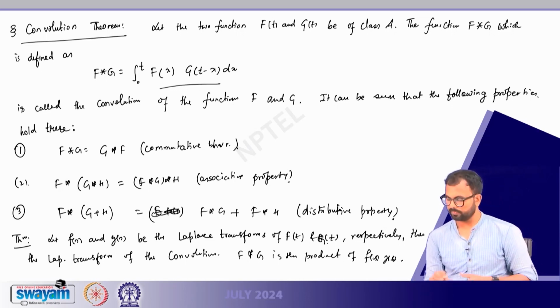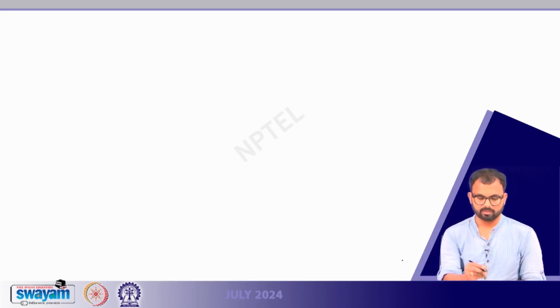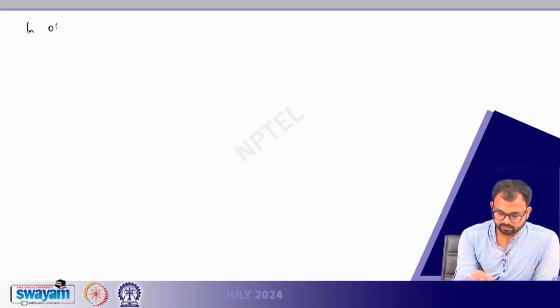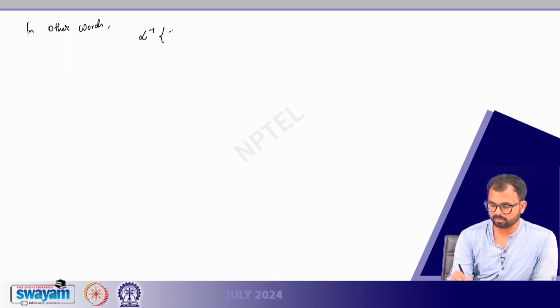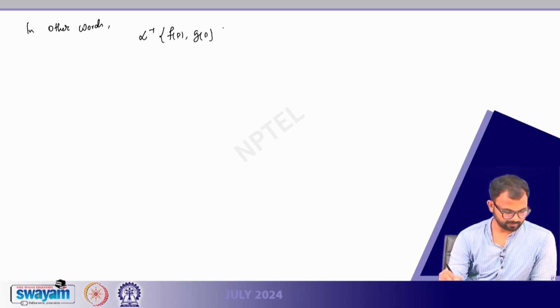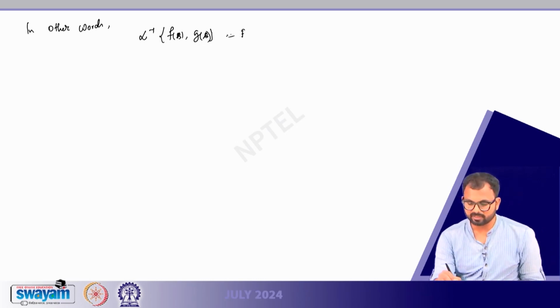In other words, the Laplace transform inverse of F(s) G(s) is equal to f(t) convolution with g(t), right.